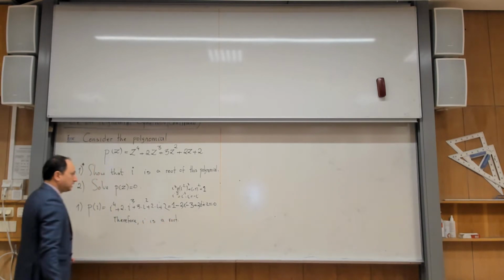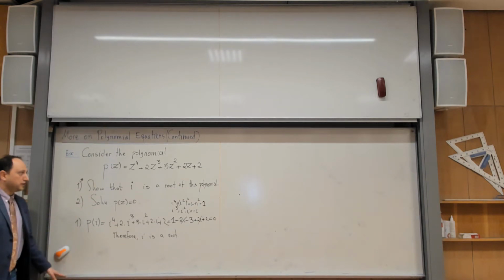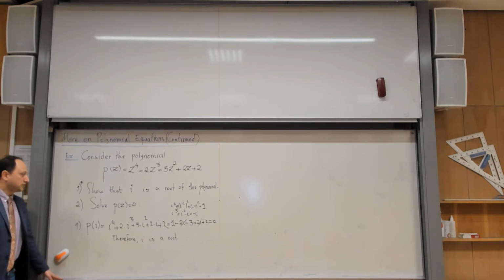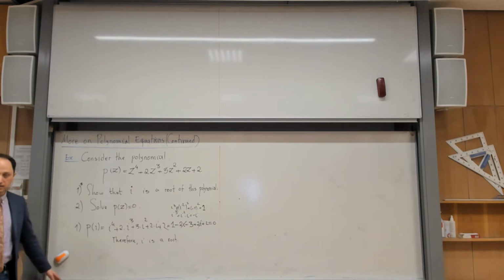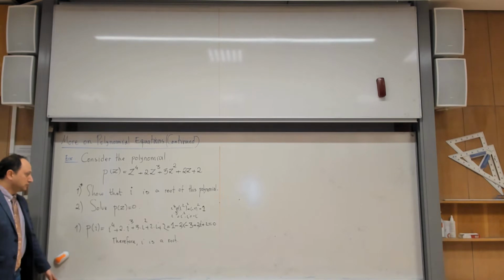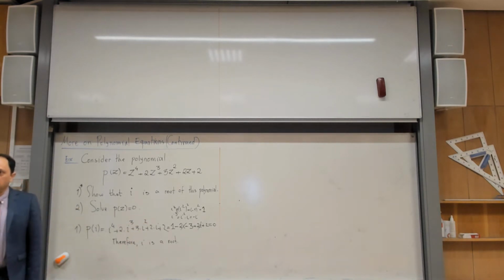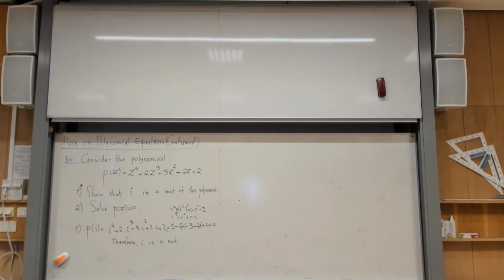Okay, so now I want to start a solution that I want you to feel, because it's better to see that this does not work that easily. But at least I expect you to be able to tell me what to do now. Now that I know that I is a root, I can somehow factorize it using the long division method.